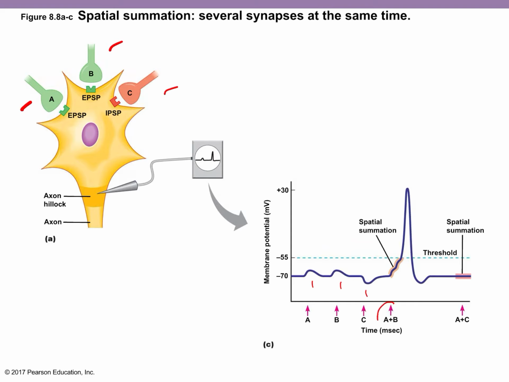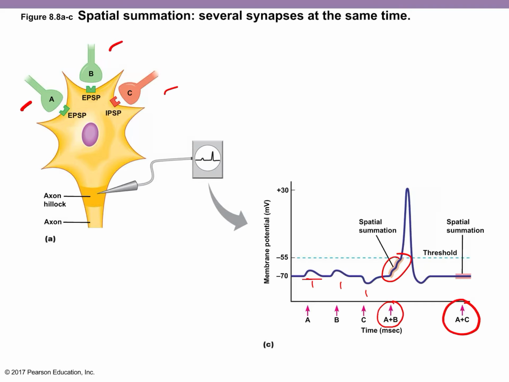But if A and B occur together, if they both depolarize, or if you get the binding of the receptors together, then you can summate that and reach threshold potential and have an action potential.